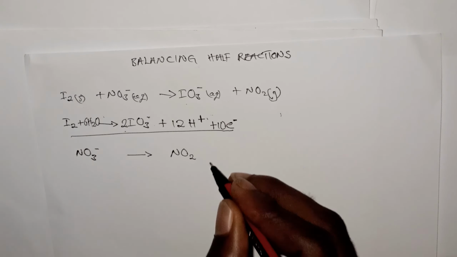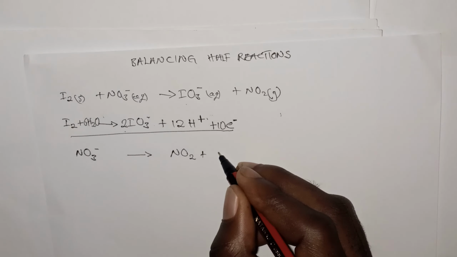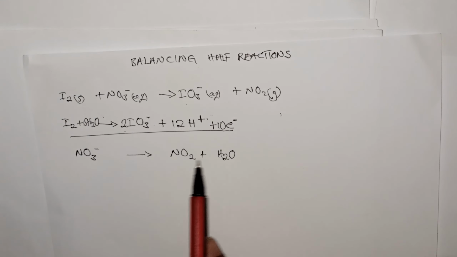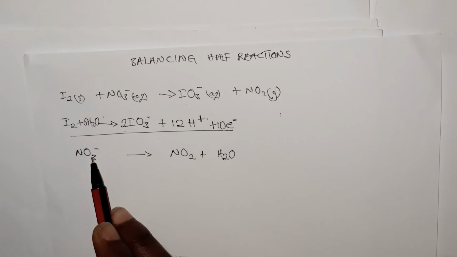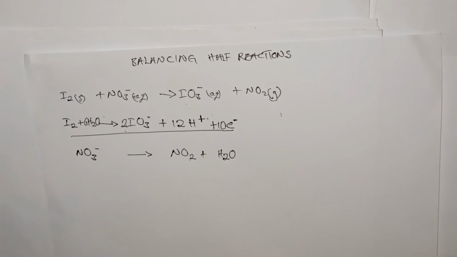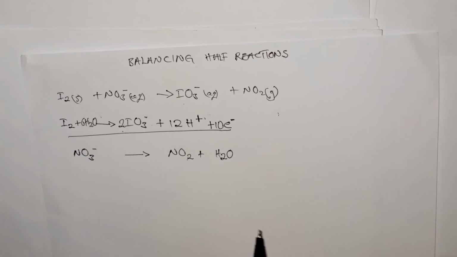What we have to do is add water molecules. Here we just have to add 1 because here there are 3 oxygen and here we have 2 plus 1, which is 3. When we add this water molecule, the hydrogen atoms here are 2, but here there is nothing.